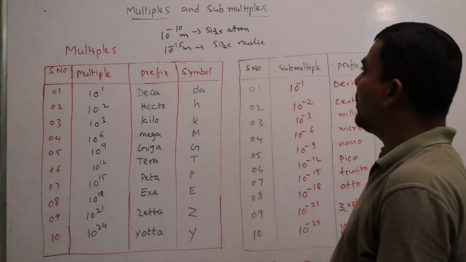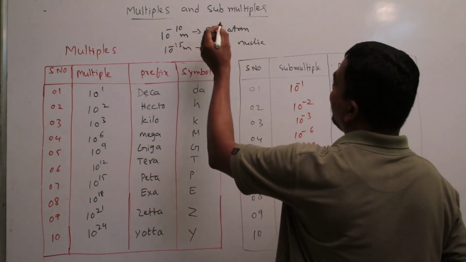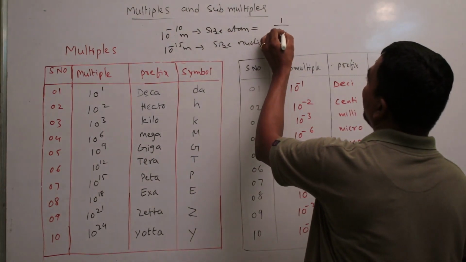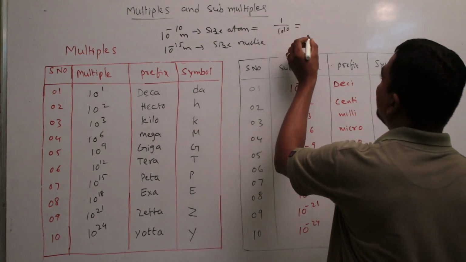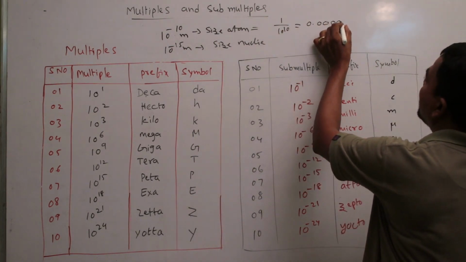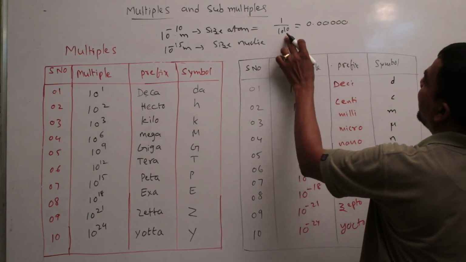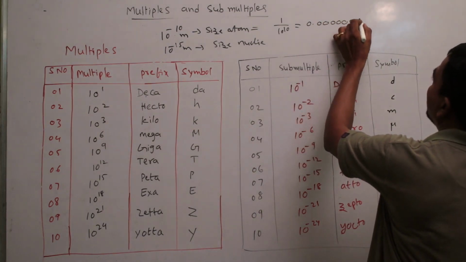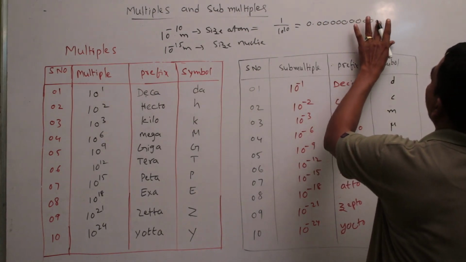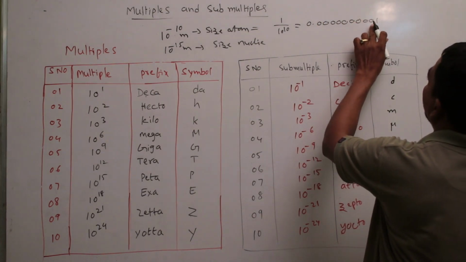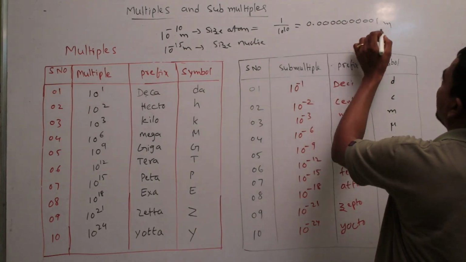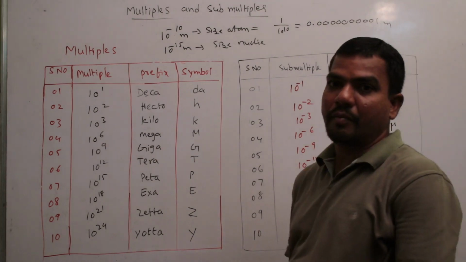Here 10 power minus 10 can be written as 1 by 10 power 10, which equals 0.0000000001 meters. This is the size of the atom.